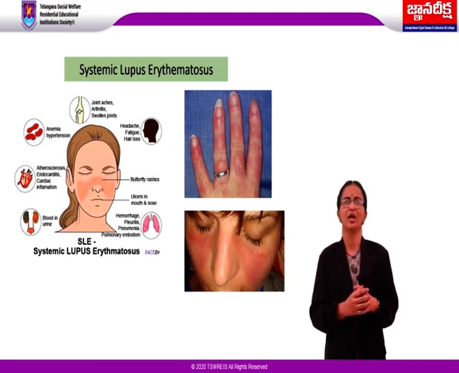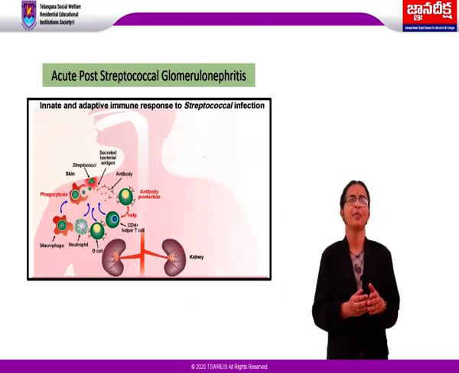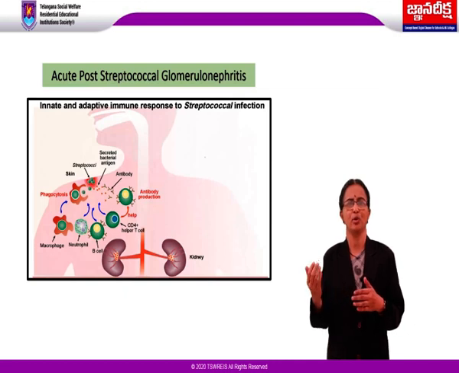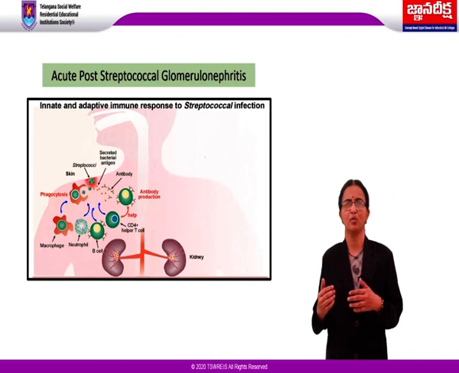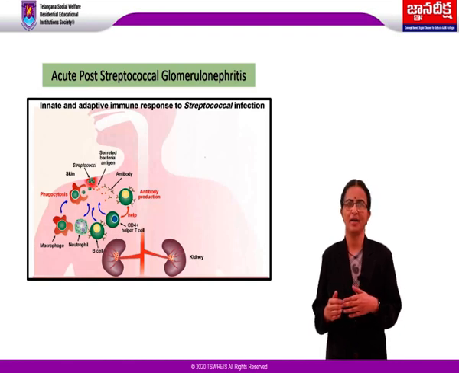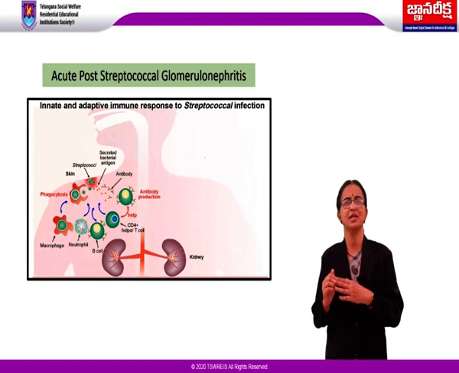Acute post-streptococcal glomerulonephritis. Acute is severe in its effect. Post-streptococcal means after the infection with streptococci. Glomerulonephritis is the inflammation of the glomerulus and nephrons of the kidneys. It is a disease of childhood that accounts for approximately 90% of renal disorders in children.